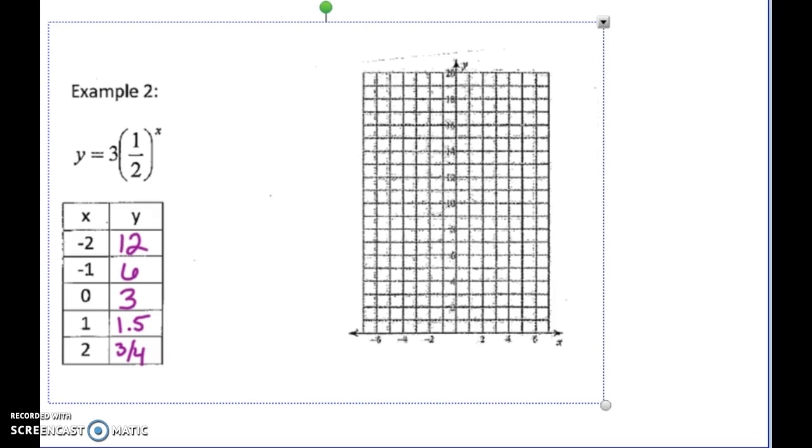So negative 2, 12, negative 1, 6, 0, 3, 1, 1.5, 2, 3/4. And you can see it's the same thing as the one above it, except it's decreasing.